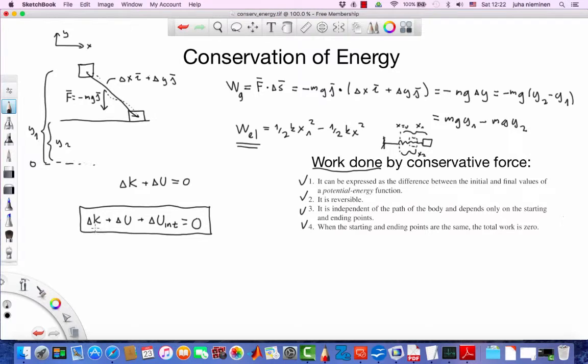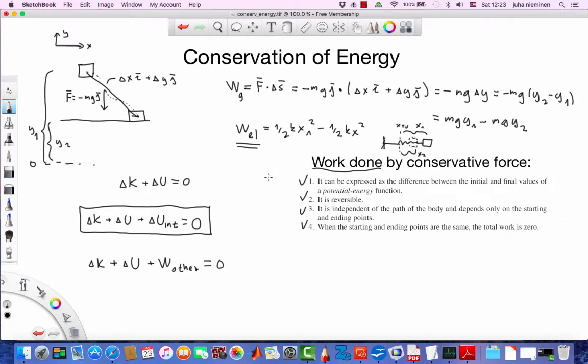Oftentimes when we solve mechanics problems, however, we don't explicitly talk about the temperature or the chemical energy stored in these bodies, but we just consider the work done by them, or the work lost to the temperature, for example. And in this case, we use this alternative formulation: the sum of kinetic energy plus potential energy plus work done by other forces than conservative ones equals zero.